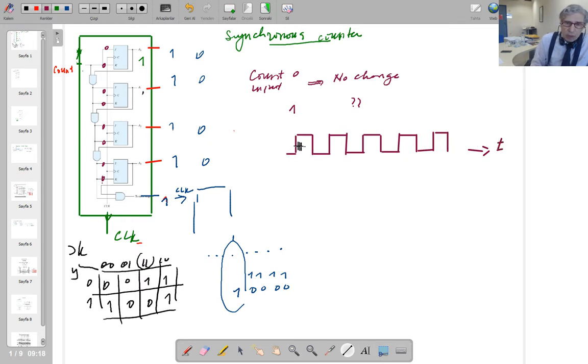So positive edge sensitive, so I put this positive edge here, positive edge, positive edge. So changes are going to happen on that edge, no other edge.